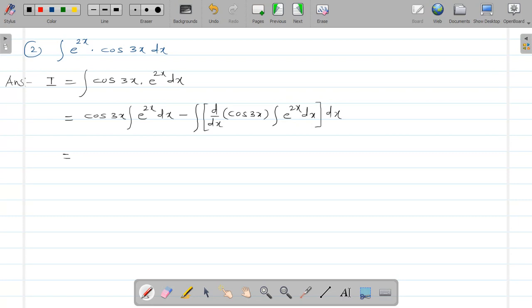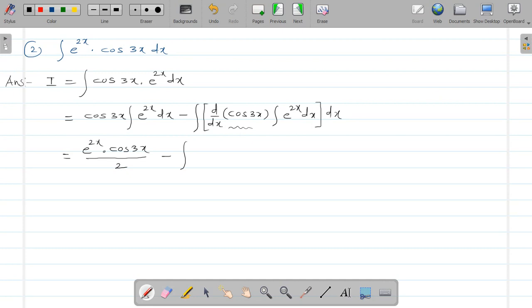Now complete this. What is the integration of e raised to 2x? It is e raised to 2x upon 2. So I will write e raised to 2x into cos 3x upon 2 minus integration. Now complete the part in the bracket. We have to take the derivative of cos 3x.